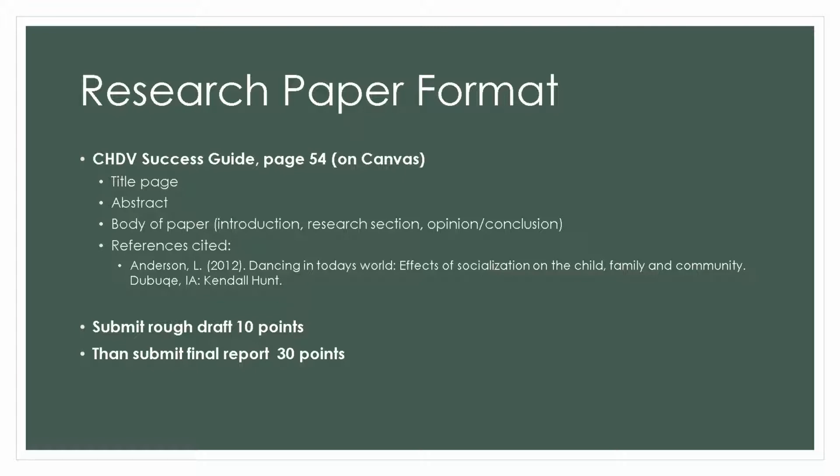So the very first thing is that you're using our APA standards. That includes a title page, an abstract, a running head, page number, stuff like that. And then in the body of the paper, you're going to have an introduction, which describes your topic, the question you're investigating, or posing an argument or a different point of view. Then you're going to have a research section, or the body of the paper.